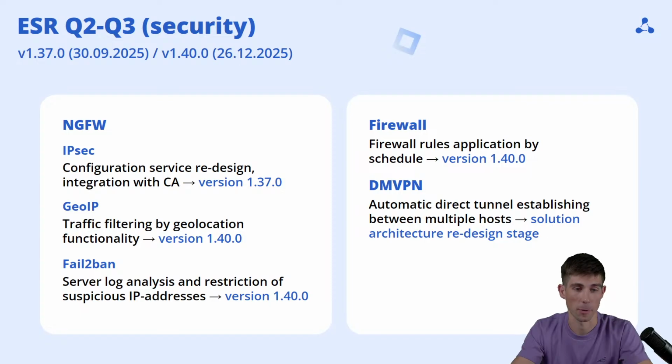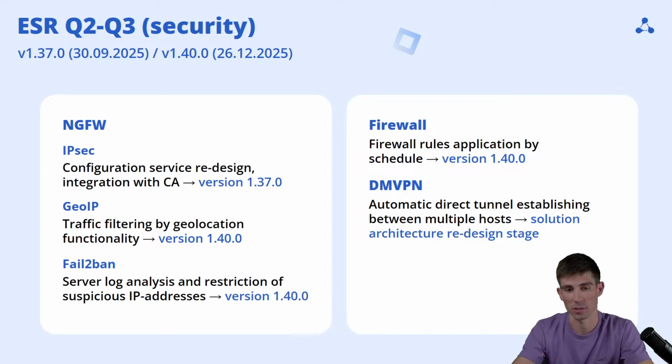GeoIP is the feature that allows you to filter traffic based on the geographical origin of the IP address. Fail2ban is an important feature that allows you to analyze logs and block suspicious IP addresses. And another firewall feature is applying rules by schedule.